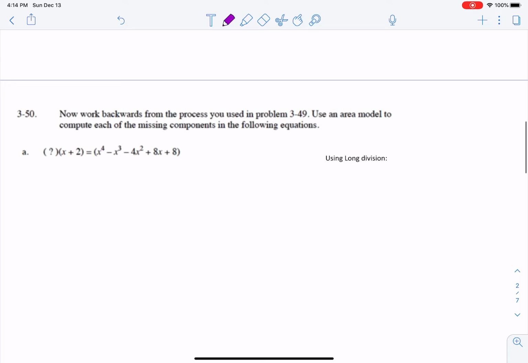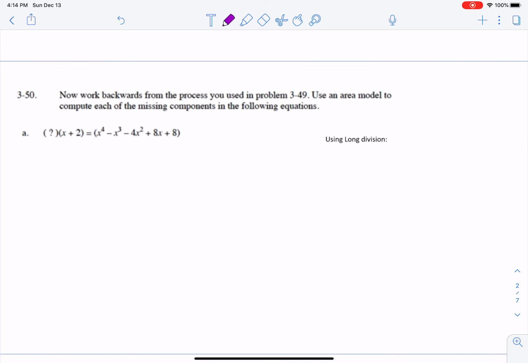So working backwards, what times x plus 2 is going to give me that product? So I'm going to build an area model to start.